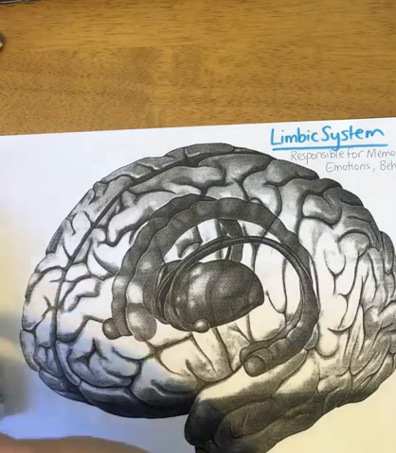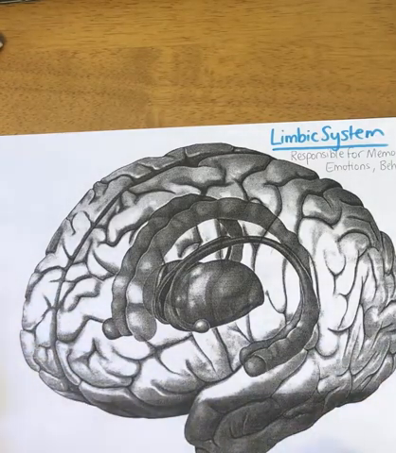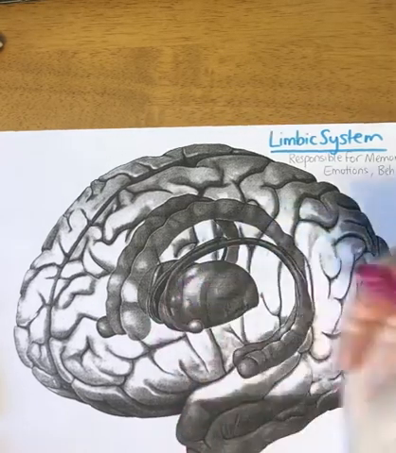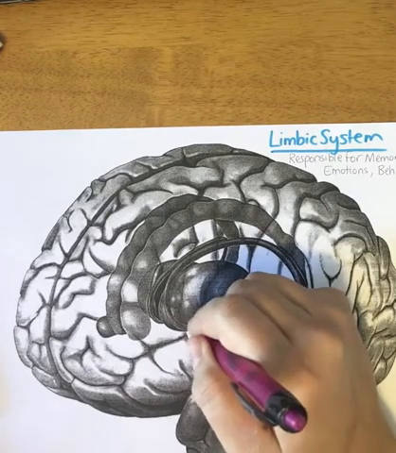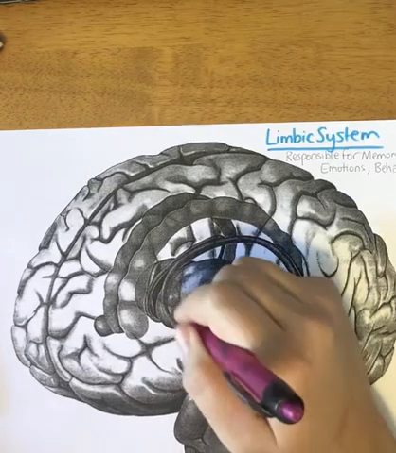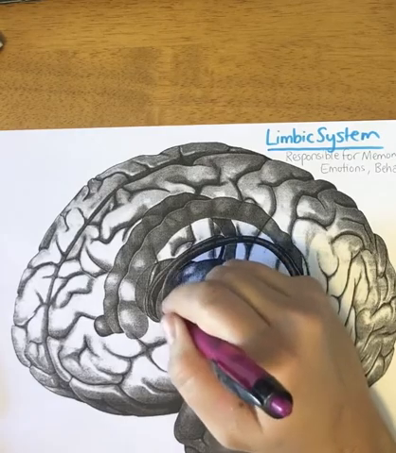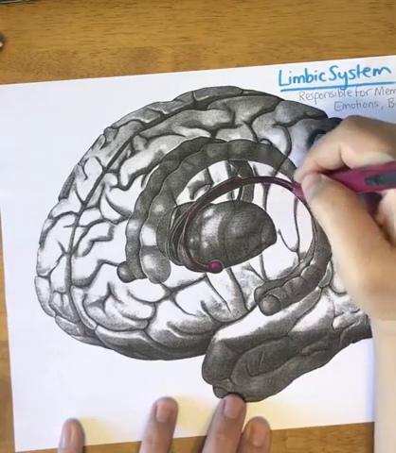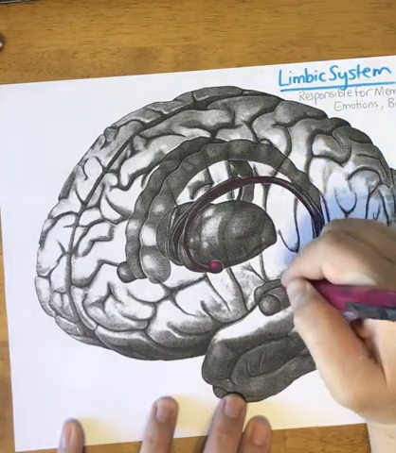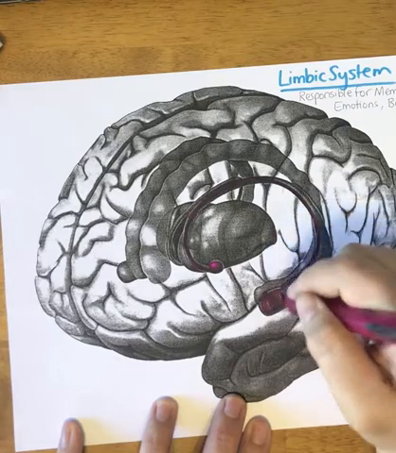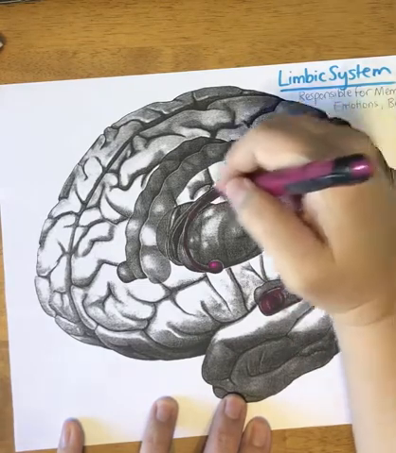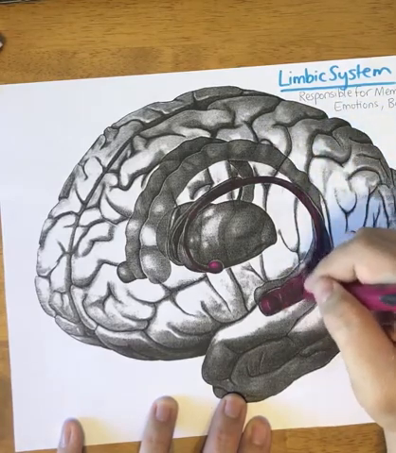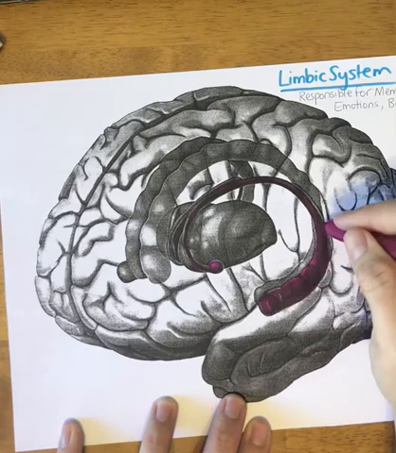Now, it includes basically your amygdala. That's what's going to be used for your emotion, which is this structure right here. The amygdala starts here and then it wraps around, and I'm doing it in pink so that you can see it. Again, remember that the limbic system is deep in the cerebrum.